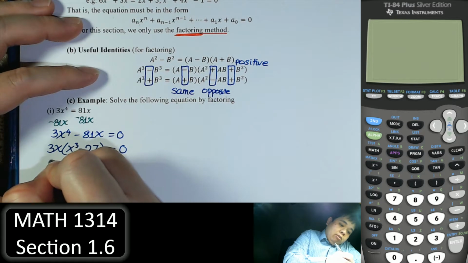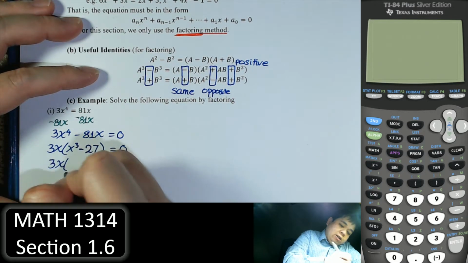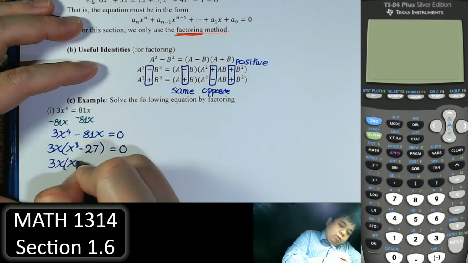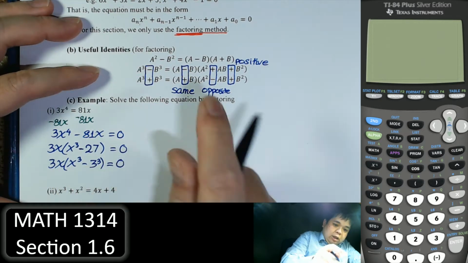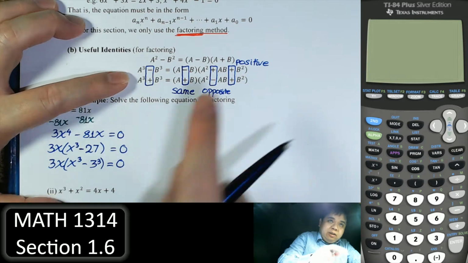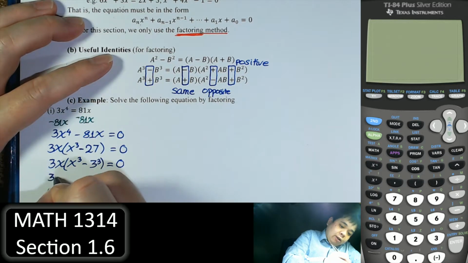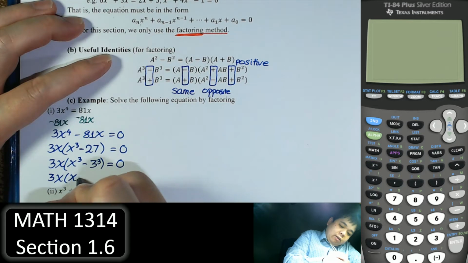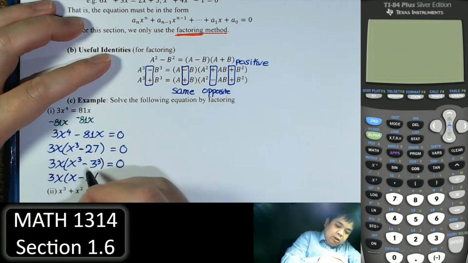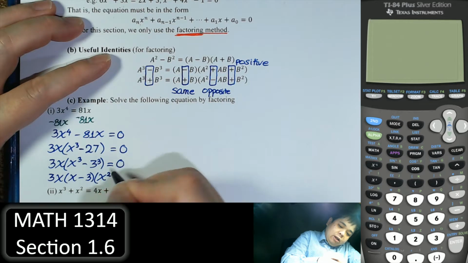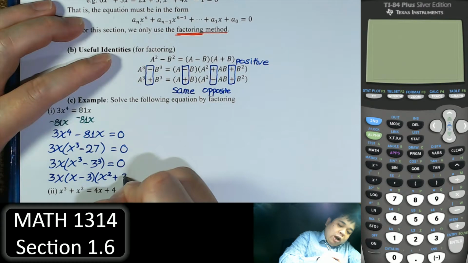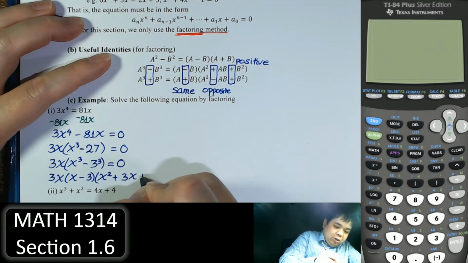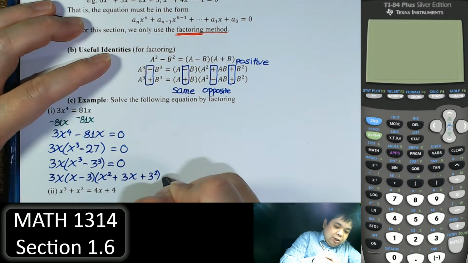So if I write x cubed minus 3 cubed, and use this identity, we will have x minus 3 times x squared plus 3x, or x times 3, plus 3 squared, equal to 0.